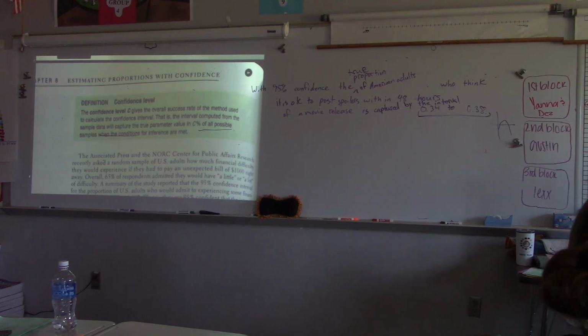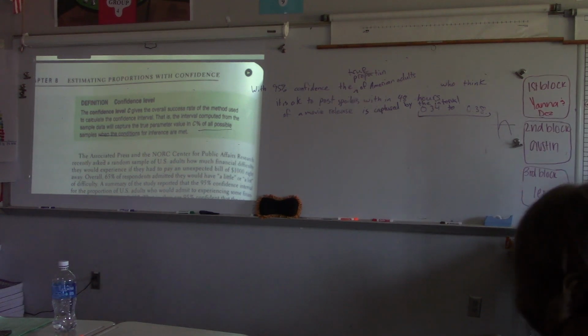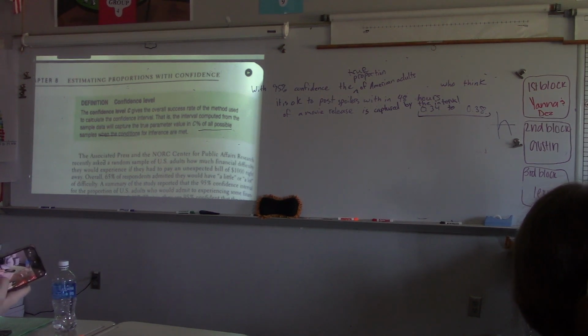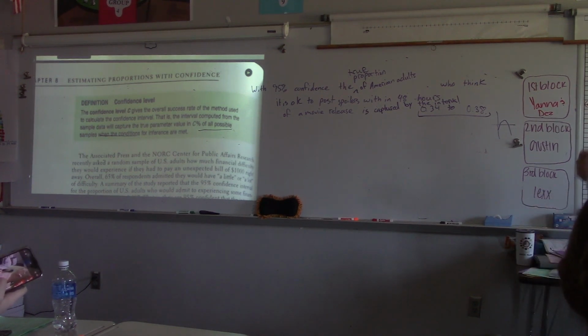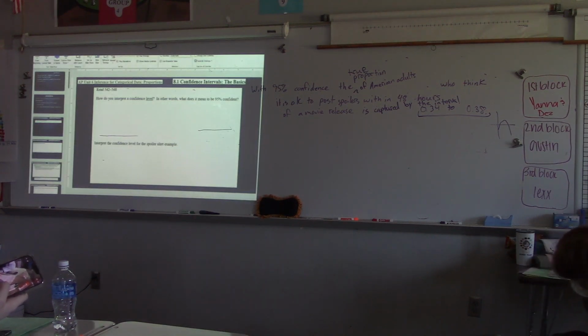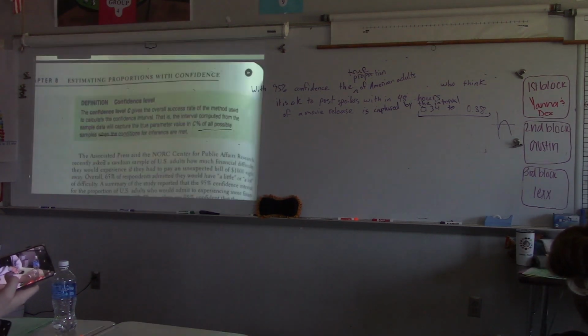So if we have a 95% confidence interval, what proportion of my confidence intervals should capture the parameter? 95%. If it's an 85% confidence interval, what percent should capture the parameter? 85%. And that's the definition, but the question is about the interpretation, right?